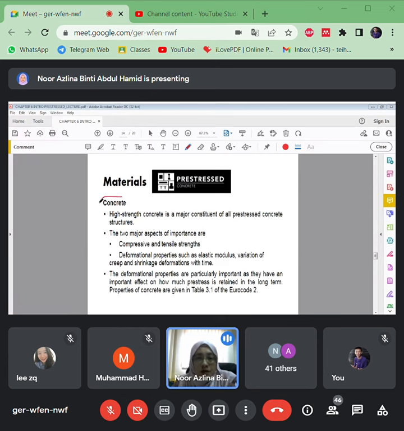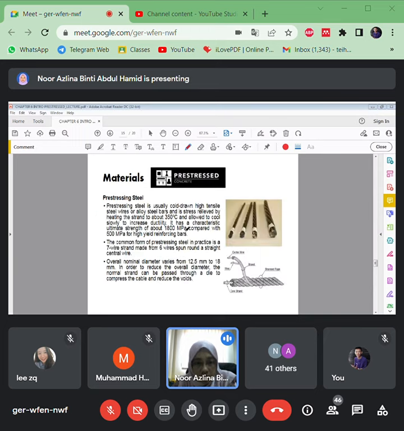Of course, the materials used in pre-stress should be high strength concrete, depending on the design. Just skip here, and then for the pre-stress steel, if you look here, this is the example. It depends on how many wires are included in one strand here.